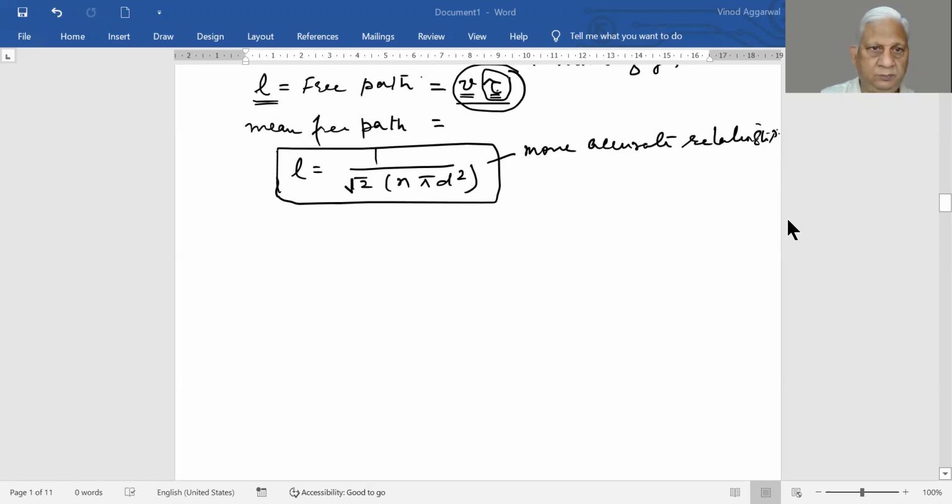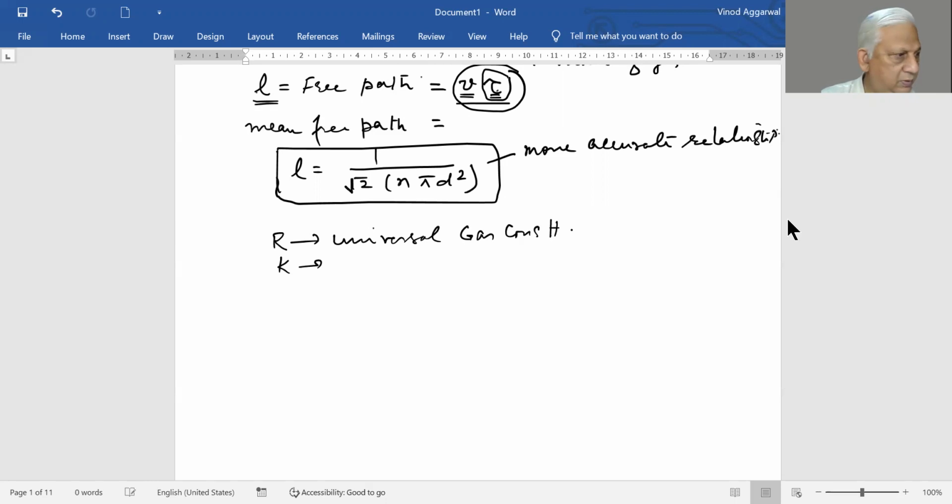Now we have seen R, which is universal gas constant, and K, which is Boltzmann constant. There's a relationship between them, and which is R is equal to Na into Kb.